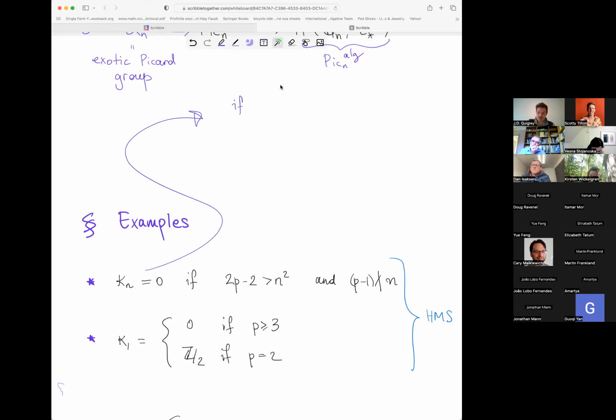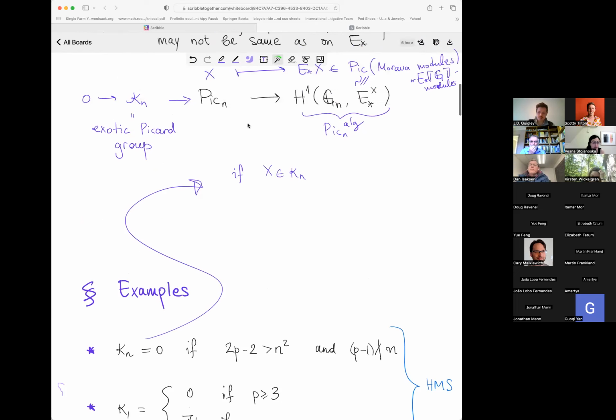The point is that if X is in kappa N, by the definition of kappa N, that means that the E homology of X is equivalent to the E homology of the sphere, equivariantly. So that means that the Adams-Novikov spectral sequence for the homotopy groups of X goes like that.